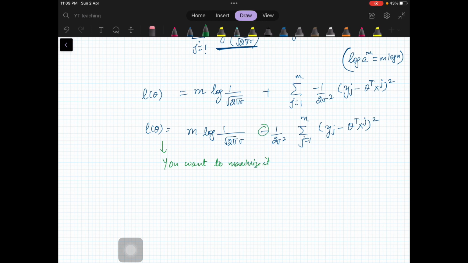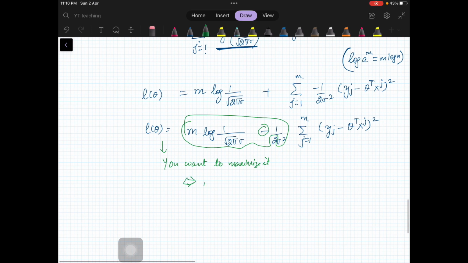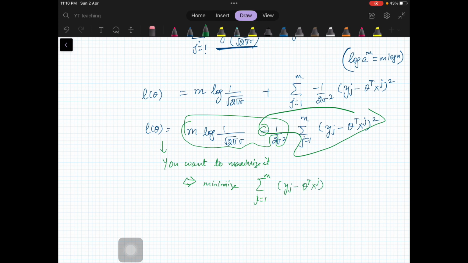Because this is negative and everything else is constant, that is equivalent to minimizing this quantity here: sum j from 1 to m, yj minus theta transpose xj square.